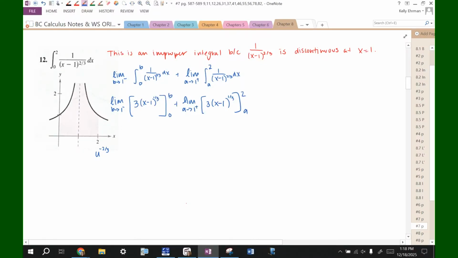Plugging in my numbers now. 3 times b minus 1 to the 1/3 minus 3 times 0 minus 1 to the 1/3. Here we have 3 times 2 minus 1 to the 1/3 minus 3 times a minus 1 to the 1/3.